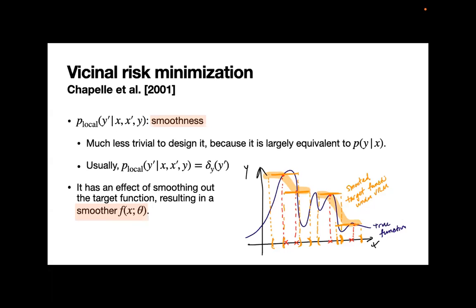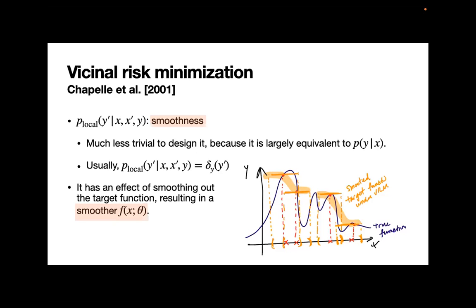And this is where we impose an inductive bias that is not domain specific, and that is smoothness. For instance, let's define this P local of y prime as a distribution that simply puts the entire probability mass of one on a single y that corresponds to the true label of the x. Then it has the effect of smoothing out the target function when we fit it.